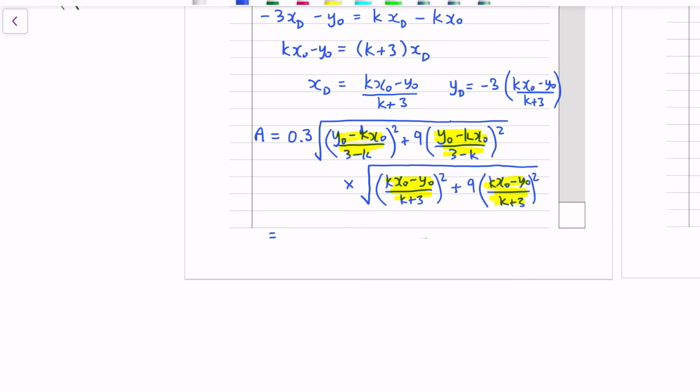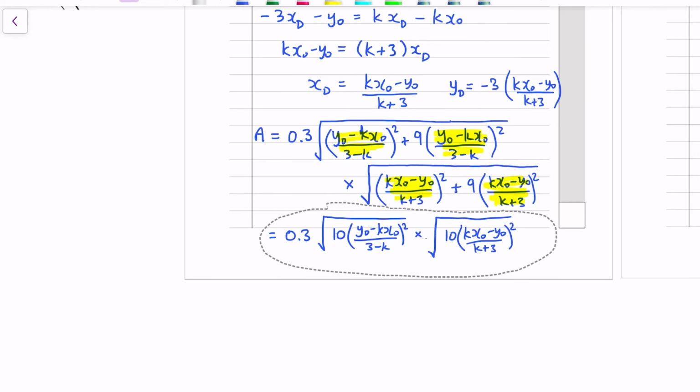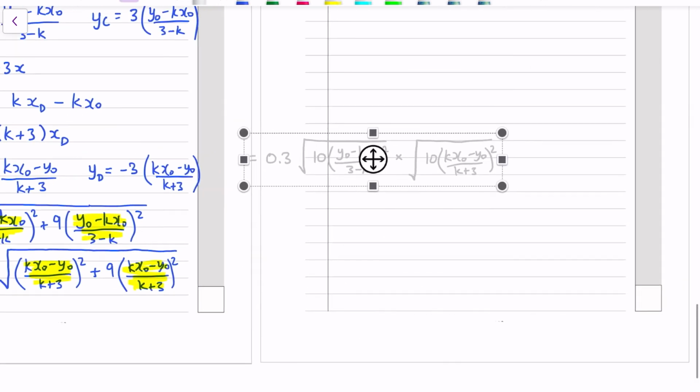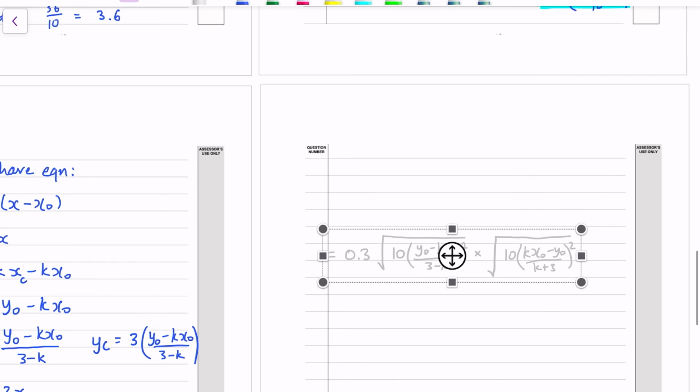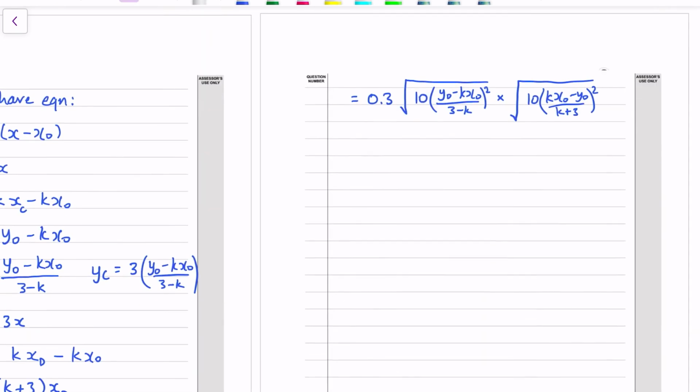So we've got 0.3 times the square root of 10 times (y0 minus kx0 over 3 minus k) all squared times 10 times (kx0 minus y0 over k plus 3) all squared. Okay, I need to go into another page. So this is the area.